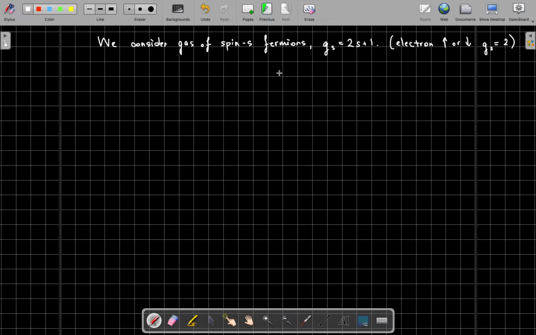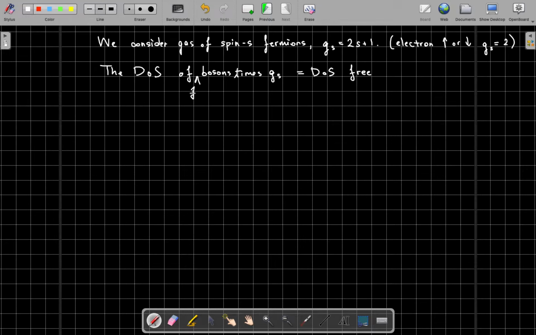So what this means is the density of states, right? If we take the density of states of bosons times the degeneracy factor, then that will give us the density of states for free fermions, right?